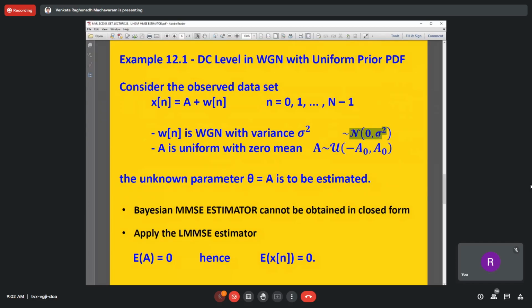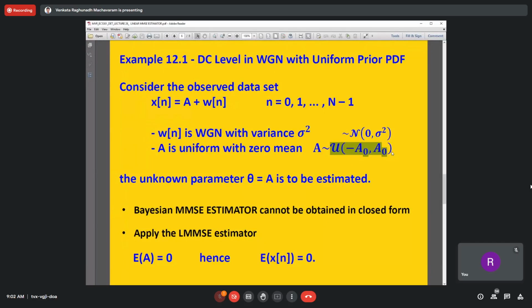Unless specified, whenever you see sigma square it is nothing but sigma w square. And A has a uniform PDF. It is assumed with zero mean. Please see, A is zero mean, defined between minus a naught and plus a naught.